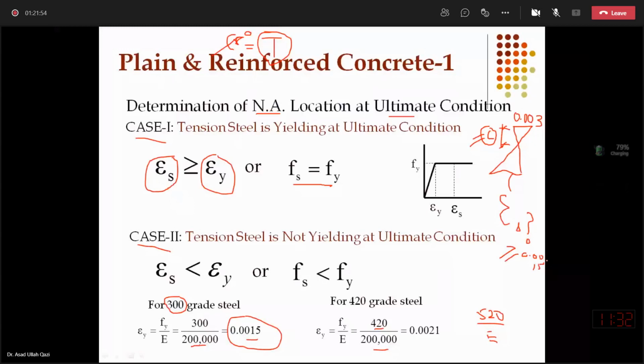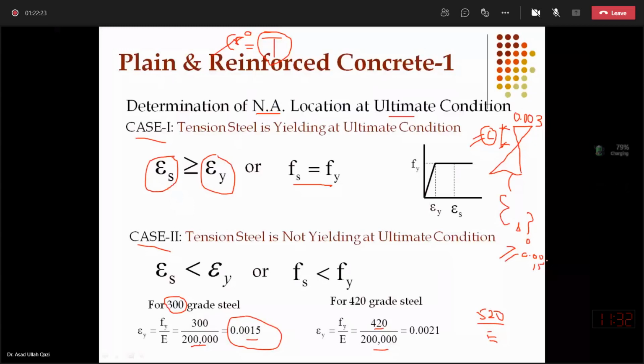Because once concrete crushes, it is the end of the story. But before that, we got warning, energy absorbed, factor of safety, and a more ductile failure. All this will come if steel yields first, yields excessively, and then concrete approaches its crushing in the topmost fiber.